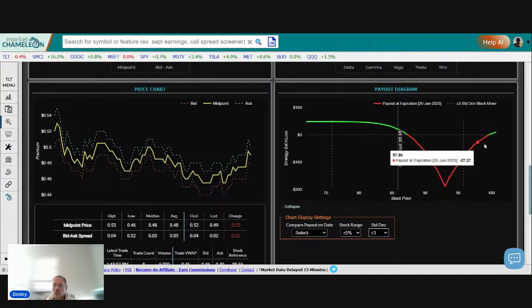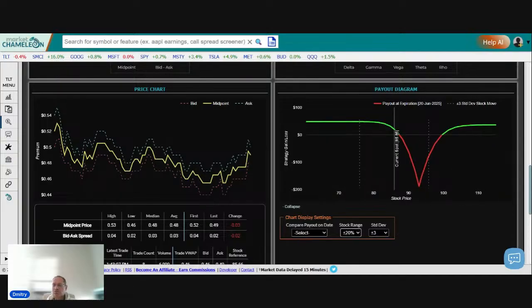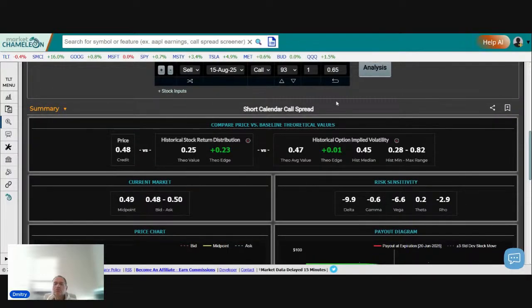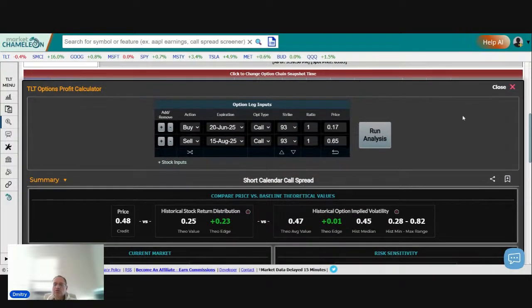So you want it to move away from that 93. Let's do a 20% range. So you could see from the short side, the reason for that is you would be receiving a credit for selling it.